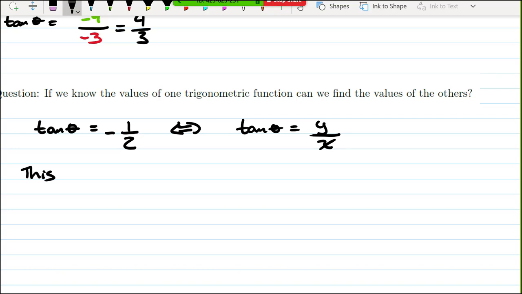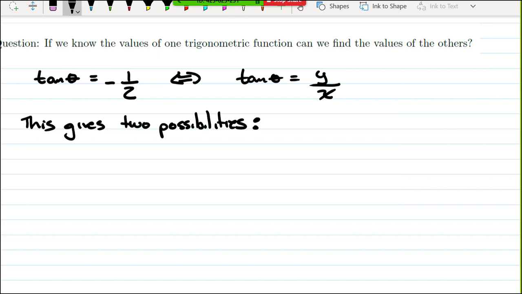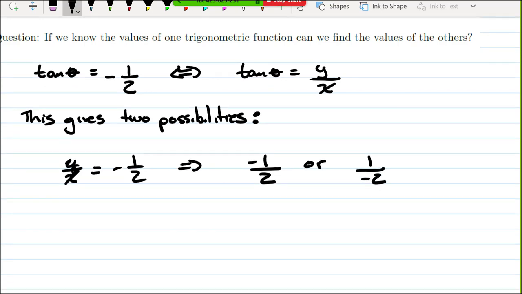This gives two possibilities. If we know that y over x is equal to negative 1/2, we could have negative 1 over positive 2, or we could have positive 1 over negative 2.